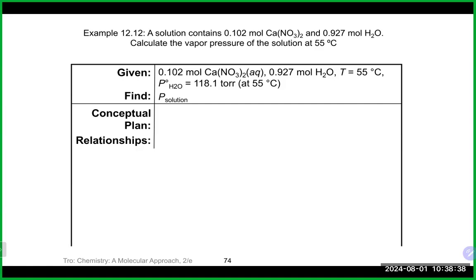So what we're looking for is the vapor pressure of our water in the solution, as we were given the vapor pressure of water.